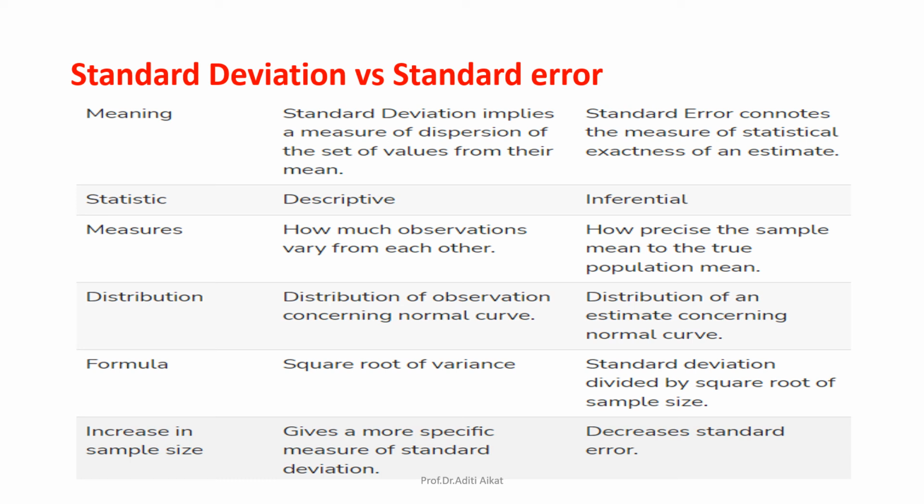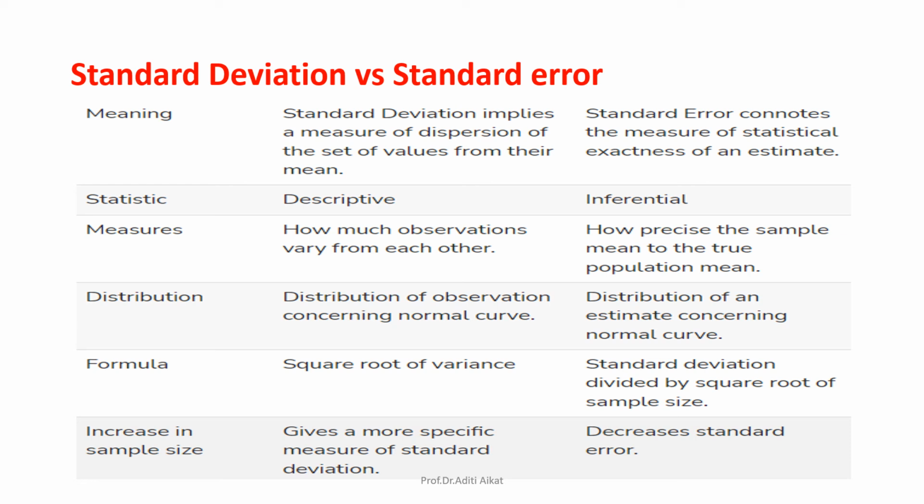Here, standard deviation is majorly a descriptive statistic, and standard error is largely inferential statistics. Standard deviation measures how much observations vary from each other, while standard error precisely relates the sample mean to the true population mean.